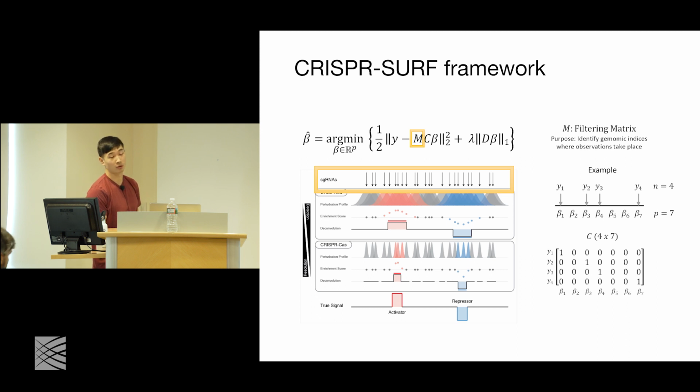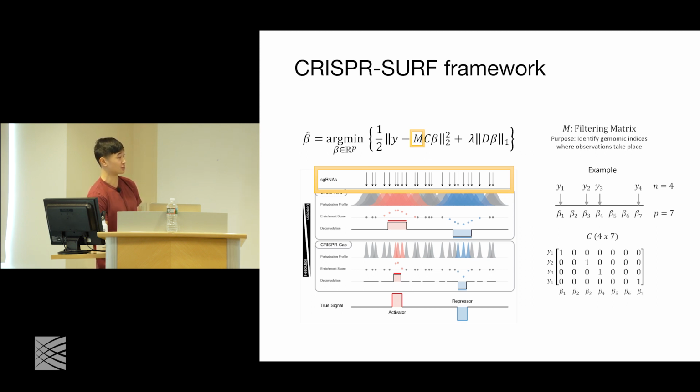The M, or filtering matrix, is what encodes the spatial information of where the guide RNAs lie. I previously said we don't want to interpolate our guide RNA enrichment signal, and we want to preserve this spacing because this spacing gives us a lot of insight on the confidence with which we can call a regulatory element as significant.